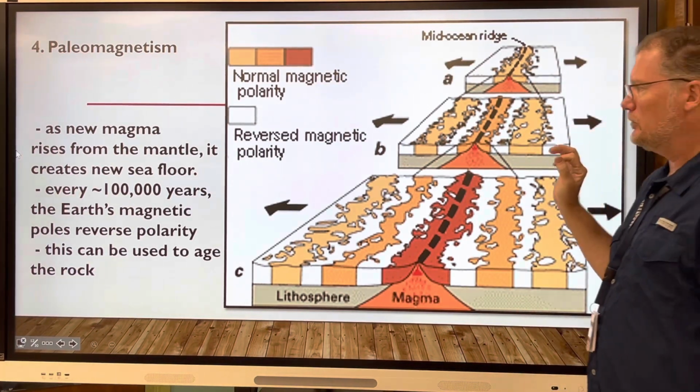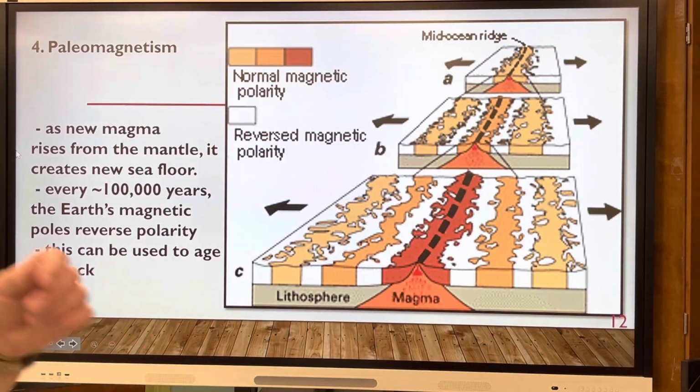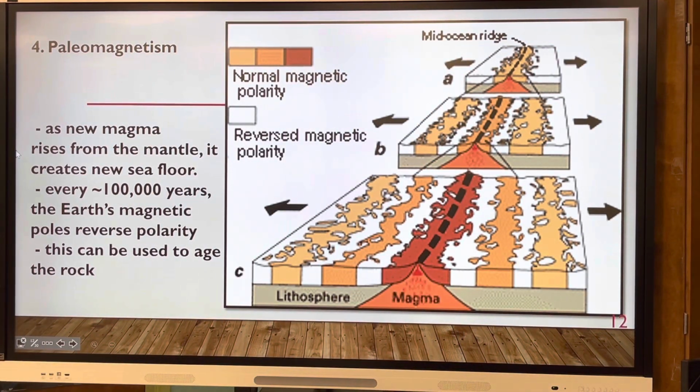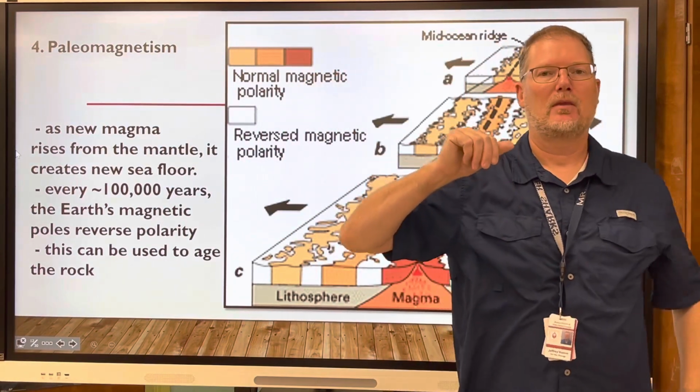So about every 100,000 years, and we're going to watch a video on this, the Earth's magnetic poles flip. Now, I don't mean that the Earth flips physically.